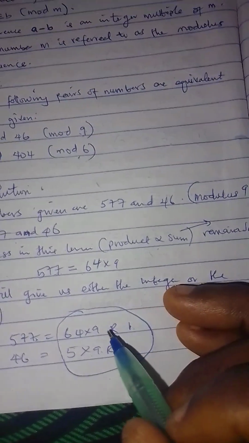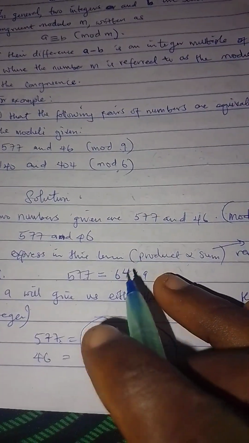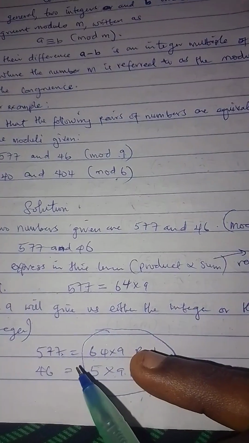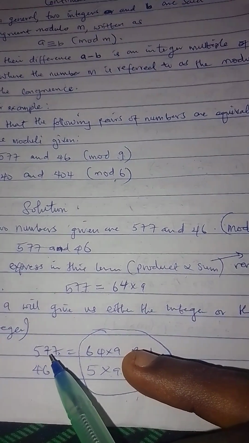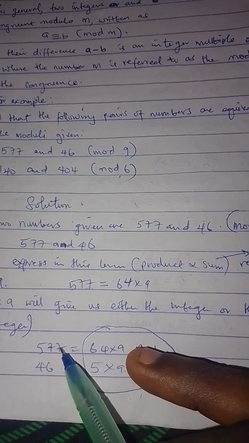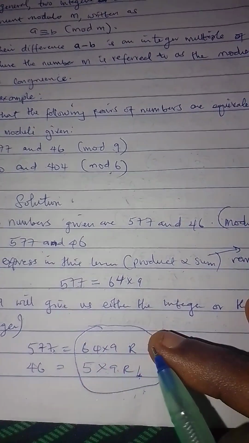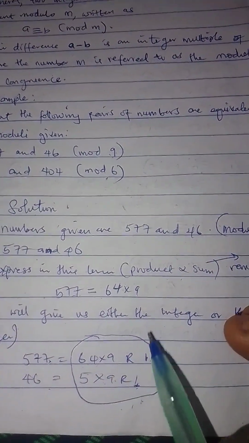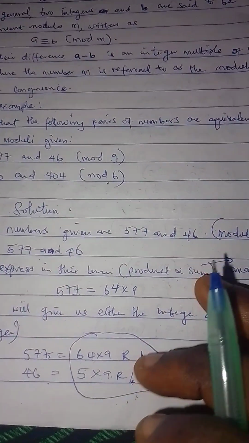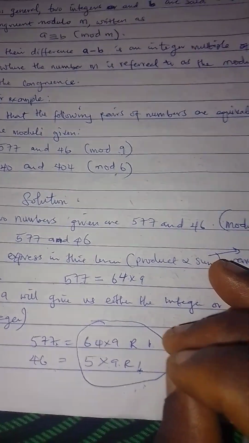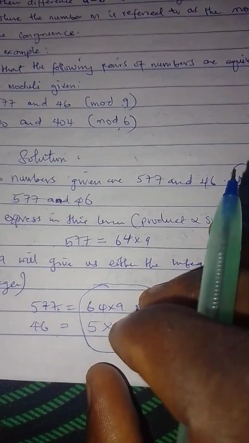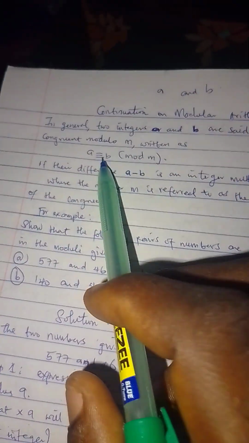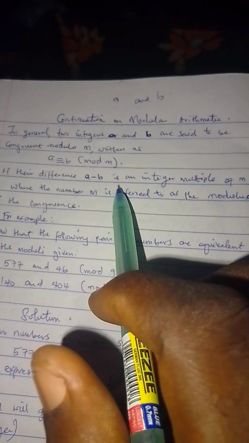Now, if you take their difference, 576 and 577, the difference is 1. If you take 46 and 45, the difference is 1. When both of them share such a difference, it is a hint that you're getting very close to the answer. Now, remember the condition: if a minus b is an integer multiple of m.